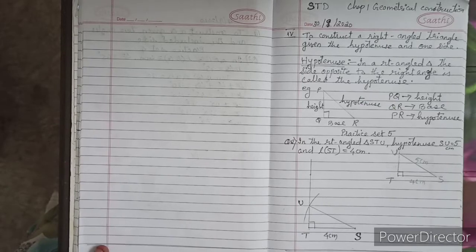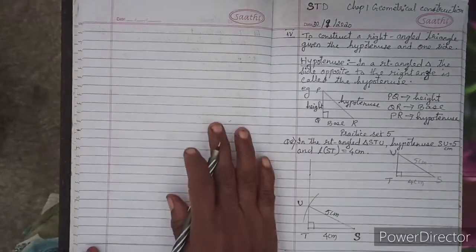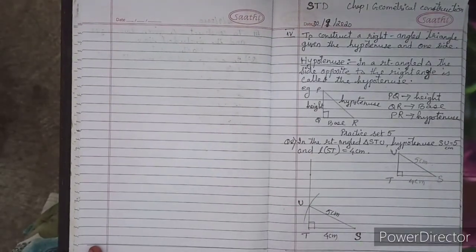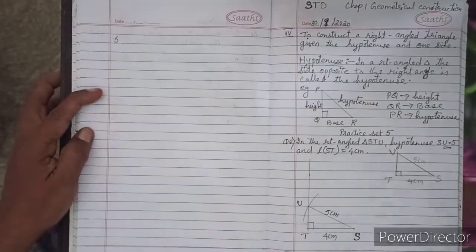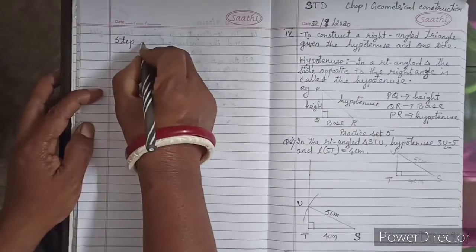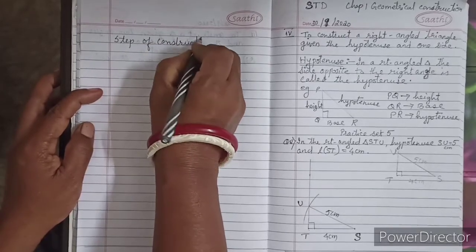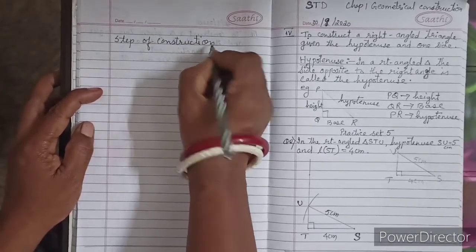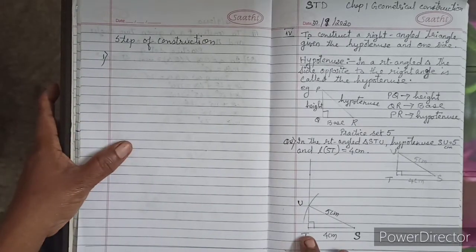Now we will write the steps of construction accordingly as we have done the construction. Steps of construction. First one. What have we done first?